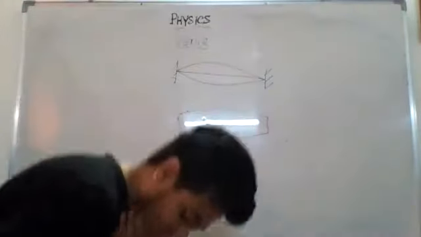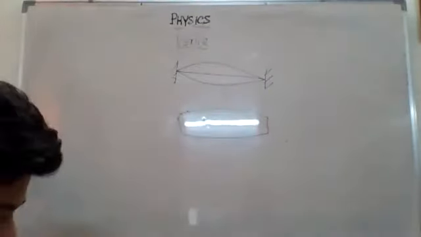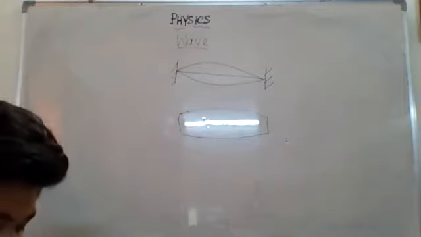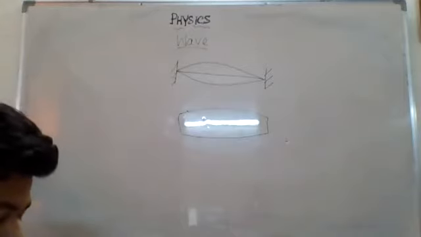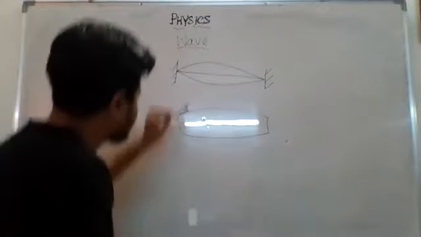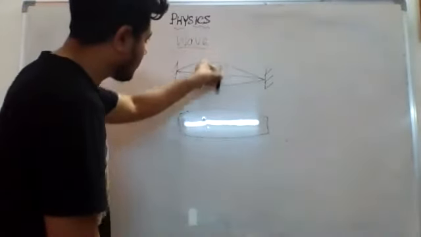Let's go through the lines. We are reading page 552, the last paragraph. Again, when a long, flexible, and thin string or wire is stretched between two fixed points and is pulled perpendicularly to its length. See, the length is this one, perpendicular to that is this, right?